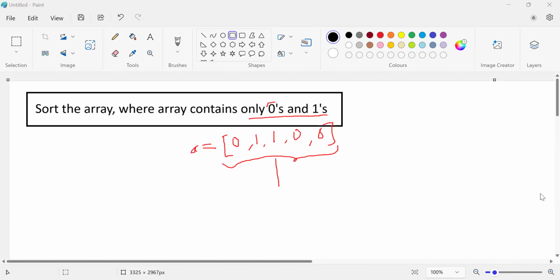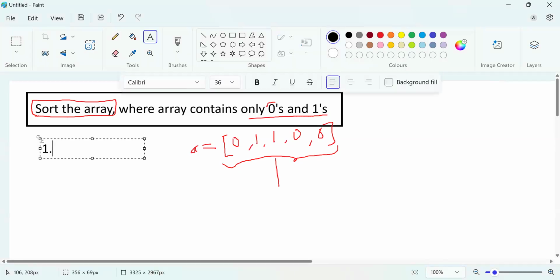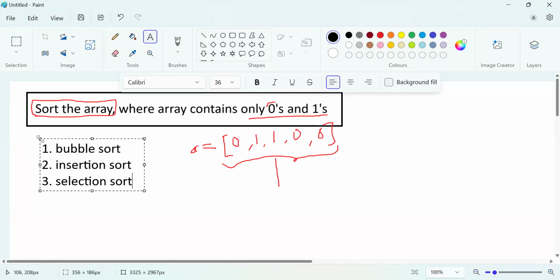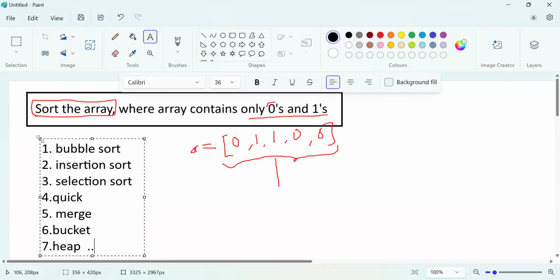I know you have your answers ready for this question. When you see sort, you will say, okay, we already have different sorting techniques, like bubble sort, insertion sort, selection sort, quick sort, merge sort, bucket sort, heap sort, and so on.